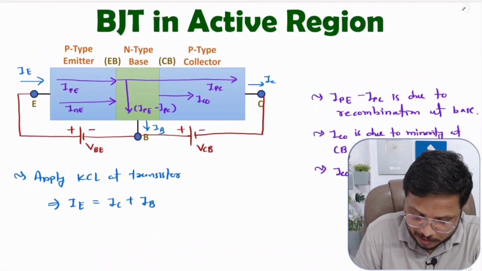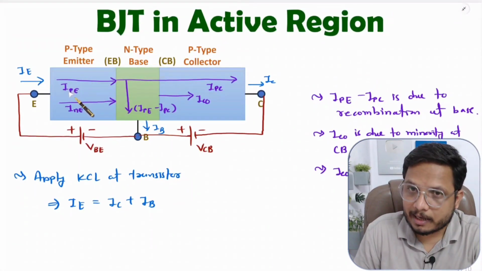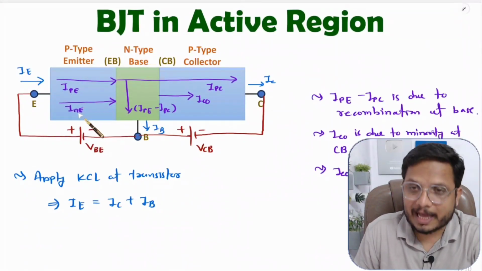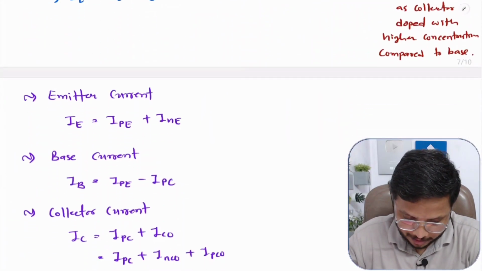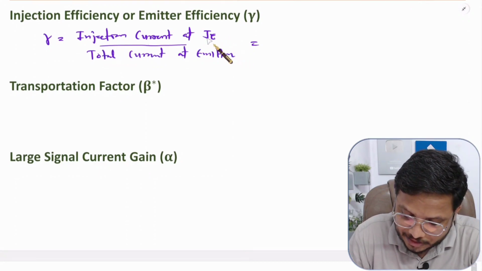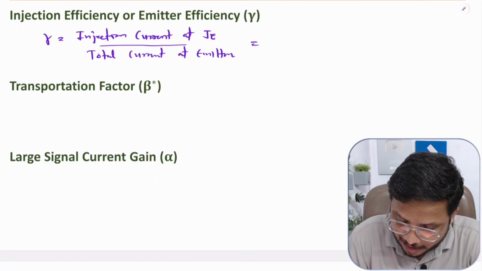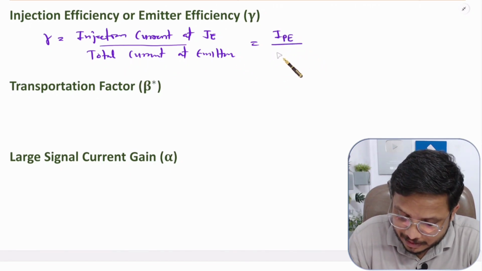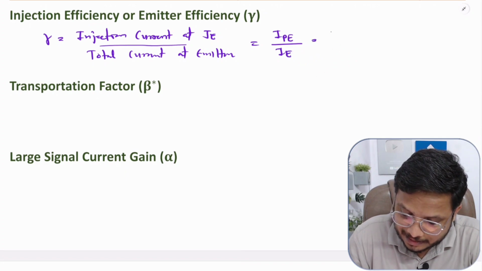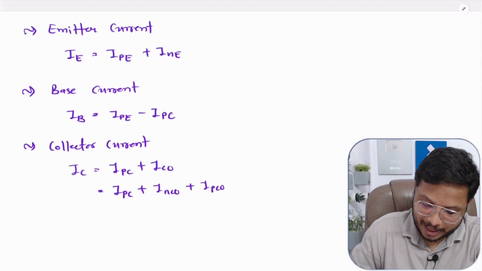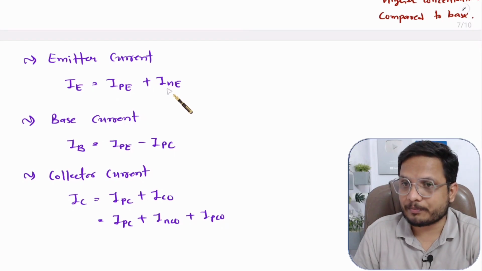Here injection of holes is happening, so it is IPE divided by the total current at the emitter, IE, which is IPE plus INE. So gamma is IPE divided by IE, and this IE is IPE plus INE. That is the emitter current.